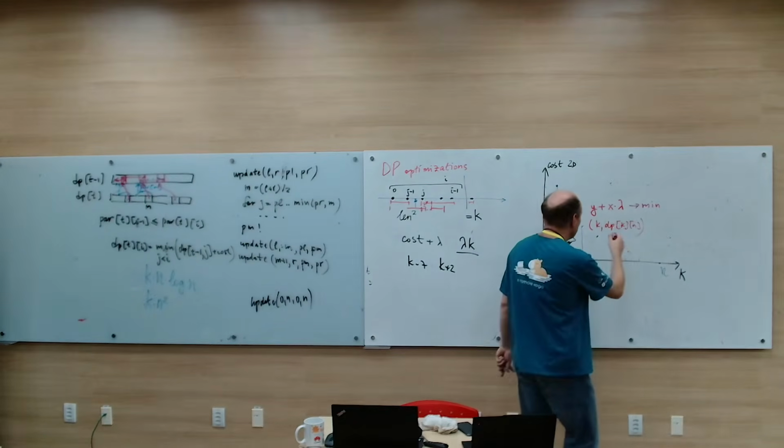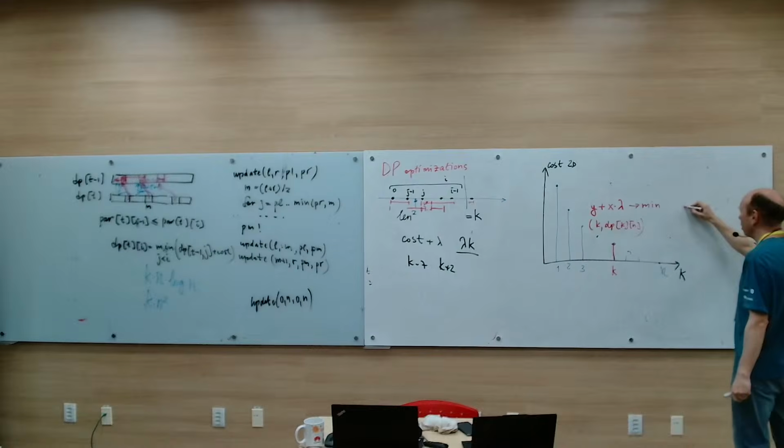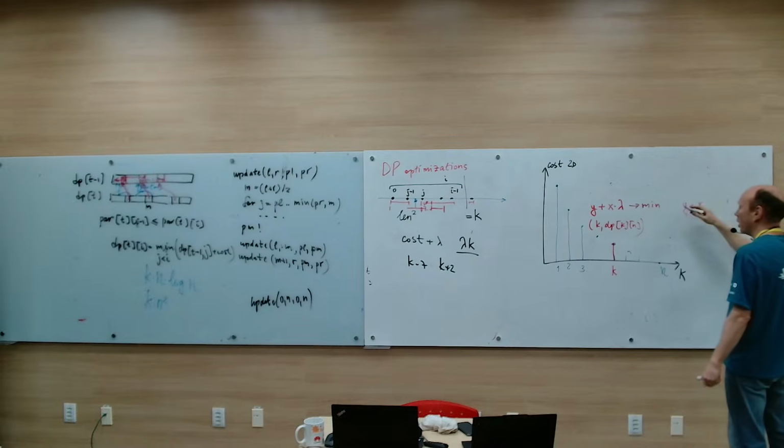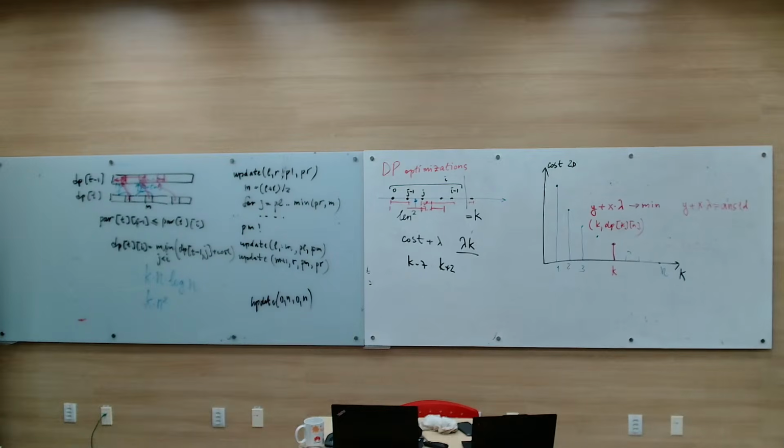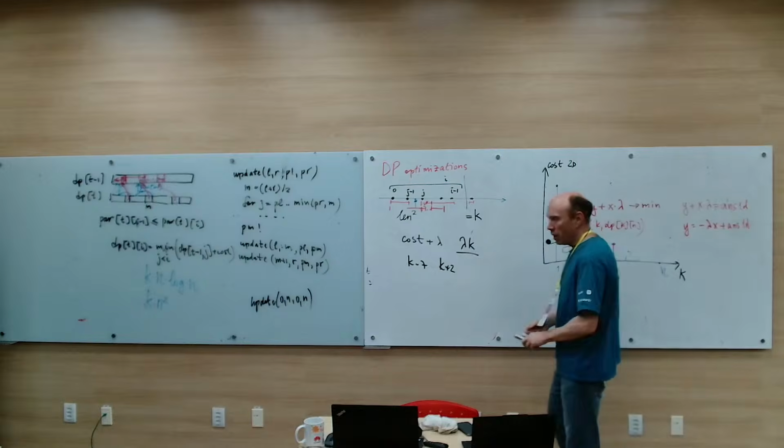So, consider that this value, x plus y plus x times lambda, is some ans 1d. And we rewrite it in our quite familiar form, like y is equal to minus lambda x plus ans 1d. And we see that this is a high school line with a slope of minus lambda.